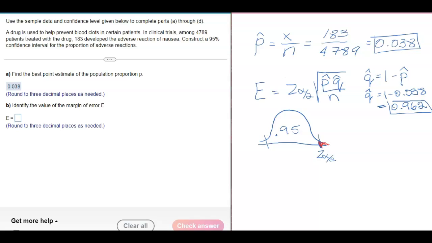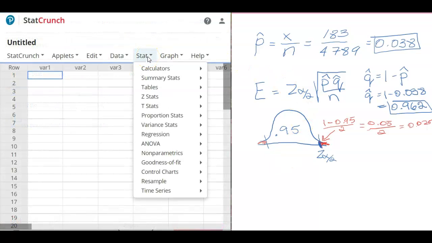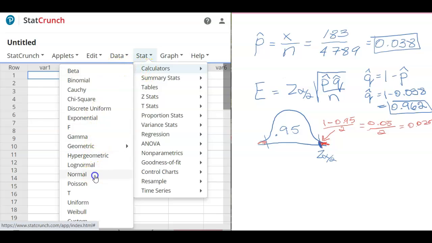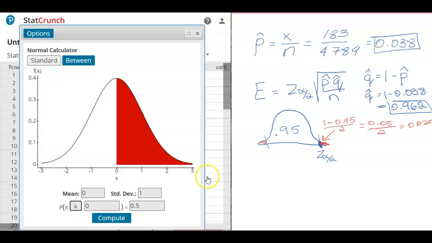To find that critical region, we would subtract 1 minus 0.95, and divide it by 2 because we have 2 tails. That will give us 0.05 divided by 2, 0.025.